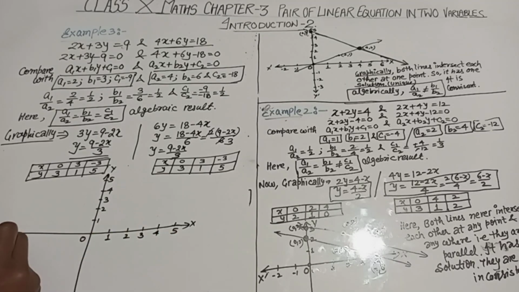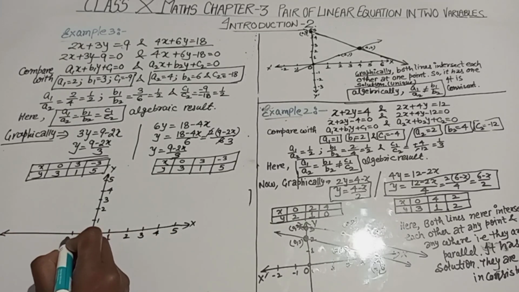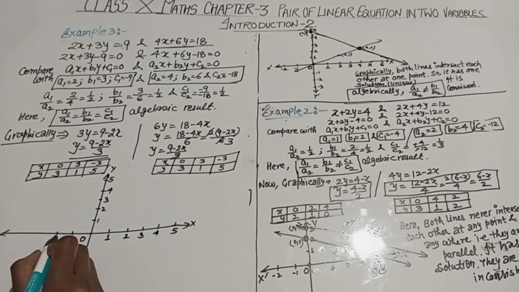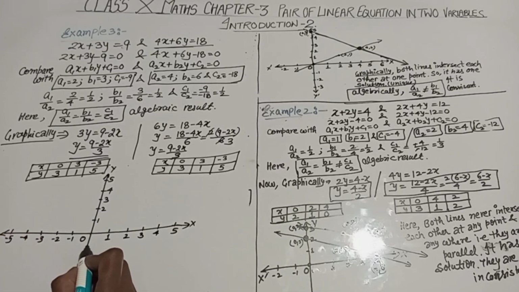Here is x and x dash. Minus 1, minus 2, minus 3, minus 4 and minus 5. Okay. So here is 1, minus 1, minus 2, minus 3, minus 4 and minus 5. Okay.